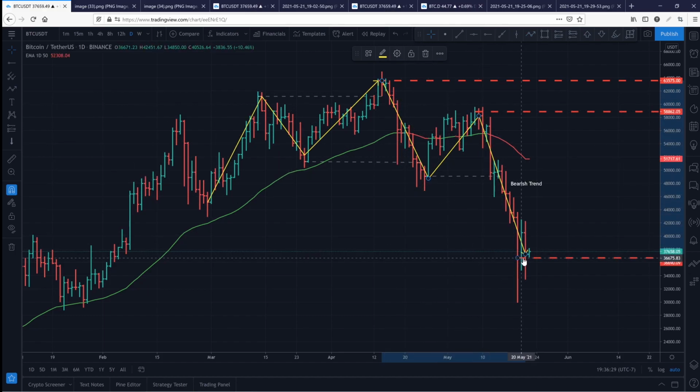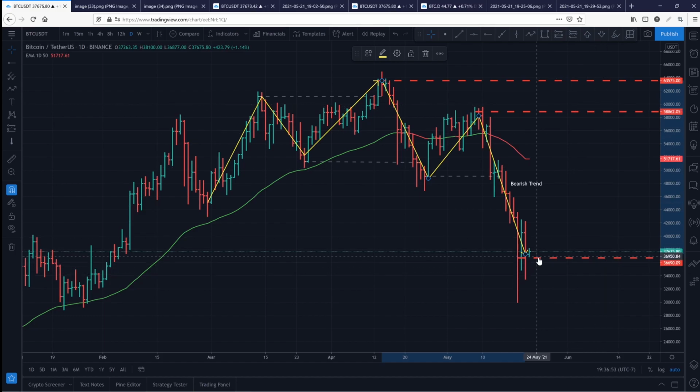So this 1, 2, 3, 4 move, technically from this day on the 15th, established a bearish trend and a bearish directional bias, because we've established a lower high than our previous high and a lower low than our previous low. So since the 15th of May, I was operating with a bearish bias.